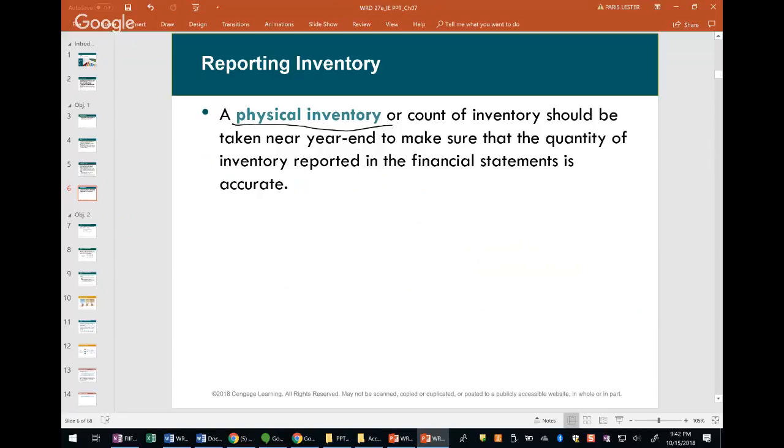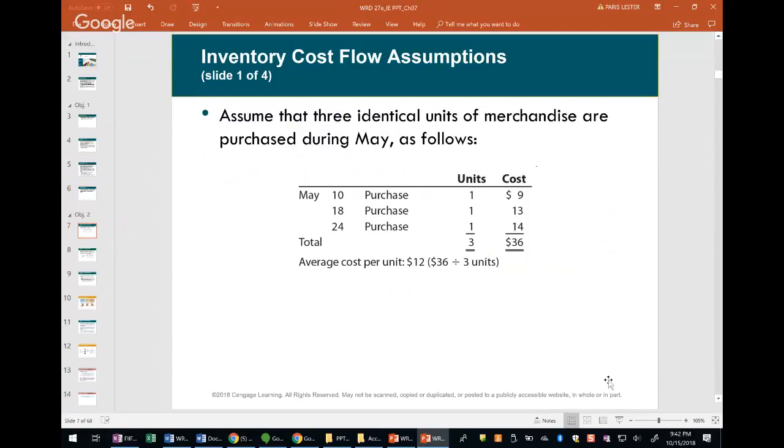Okay. All right, but we still need a physical inventory, periodic or perpetual. Now, we count inventory. Here, we have 3 units of inventory.